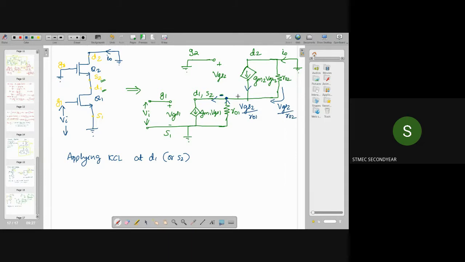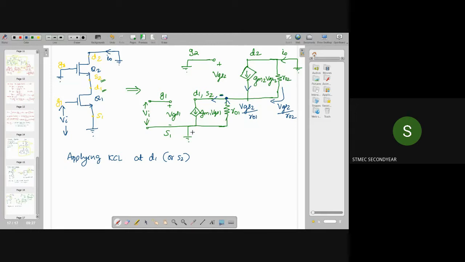So at this node, the currents entering are gm2 into VGS2, VGS2 divided by R02, and VGS2 divided by R01. The current leaving from the node is gm1 into VGS1.